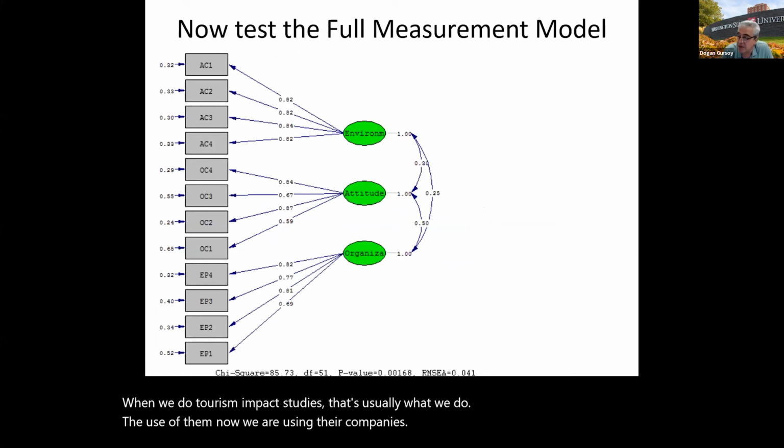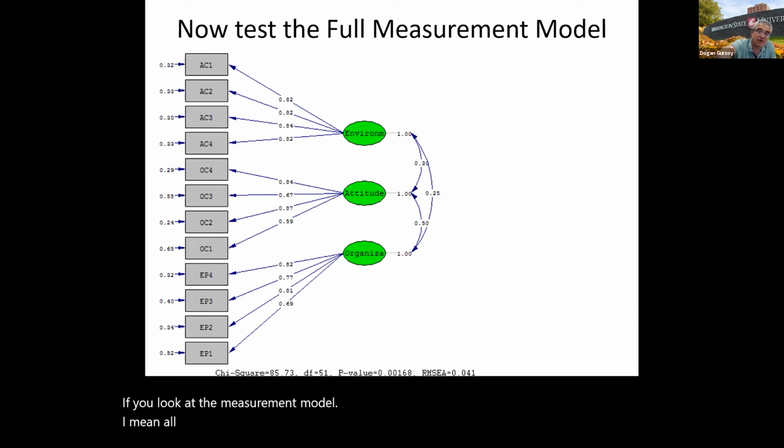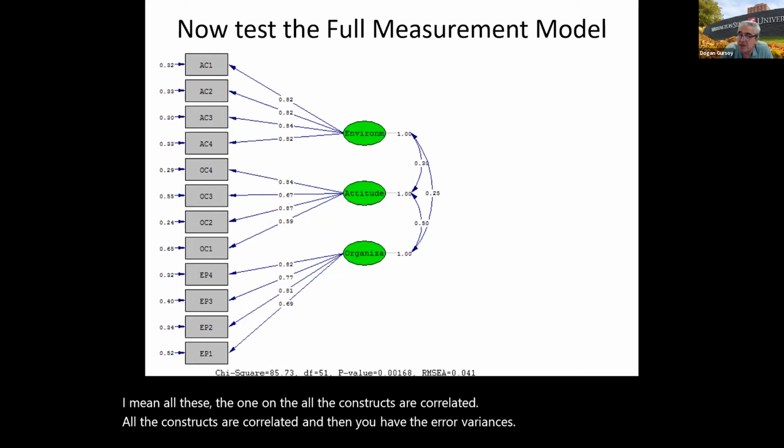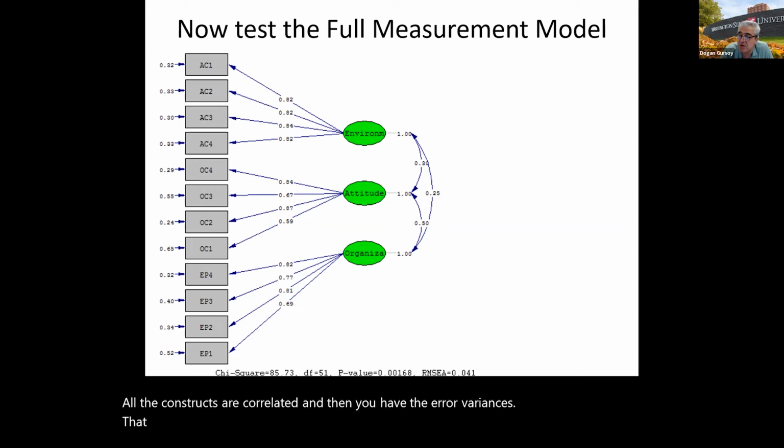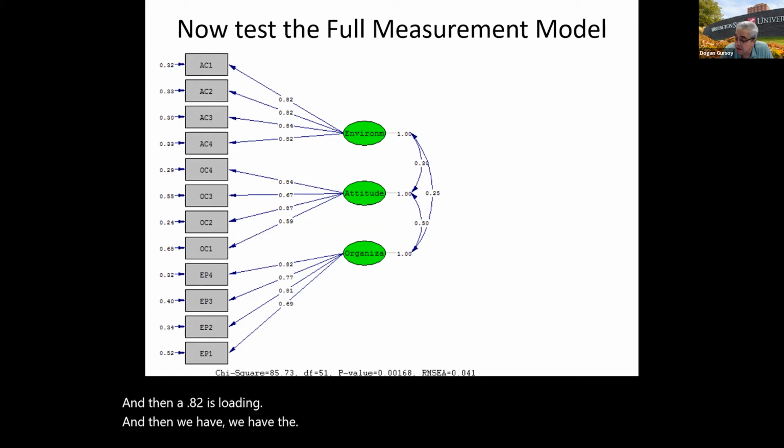And this is what your measurement model looks like. If you look at the measurement model, all the constructs are correlated. Then you have the error variances, 0.32 is the error variance, and 0.82 is the loading. We also have the correlations of all the constructs.